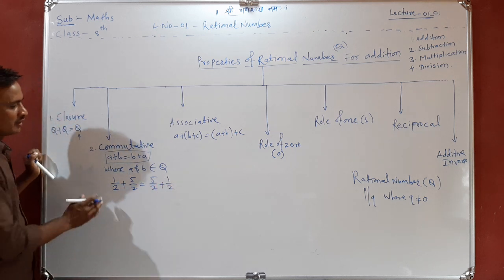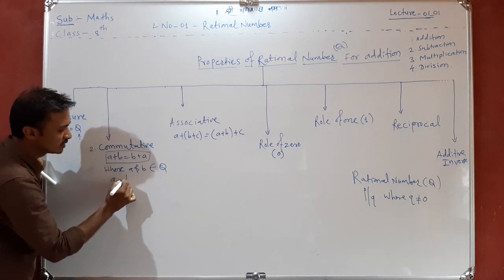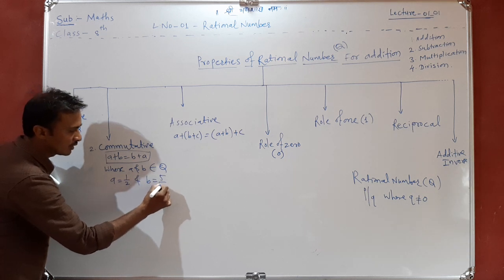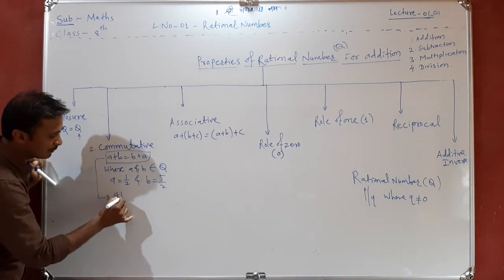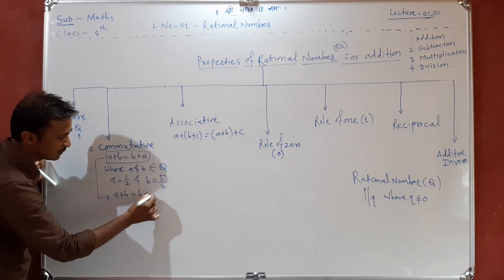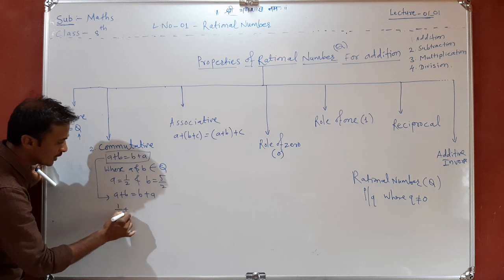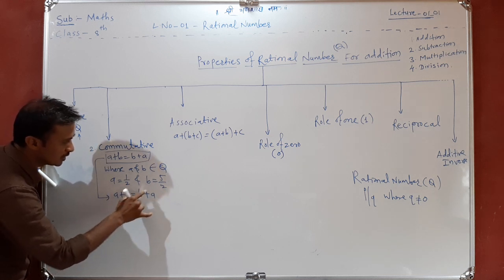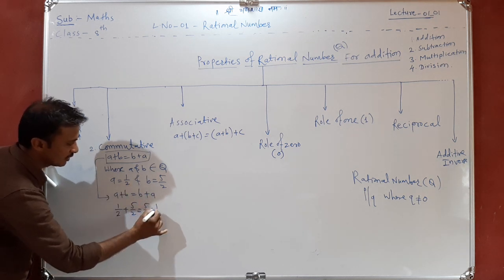Now what have I done? Let us consider a = 1/2 and b = 5/2. Recall the formula a + b = b + a. The value of a is 1/2 plus the value of b, 5/2, is equal to 5/2 plus 1/2.